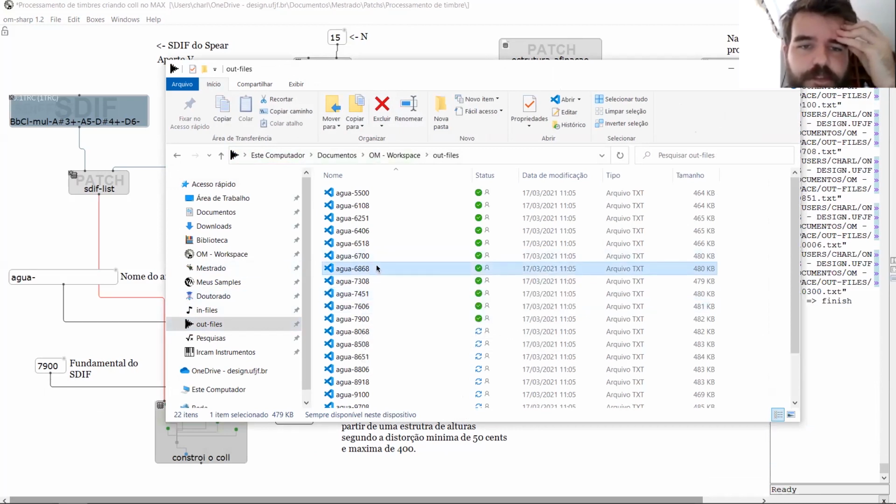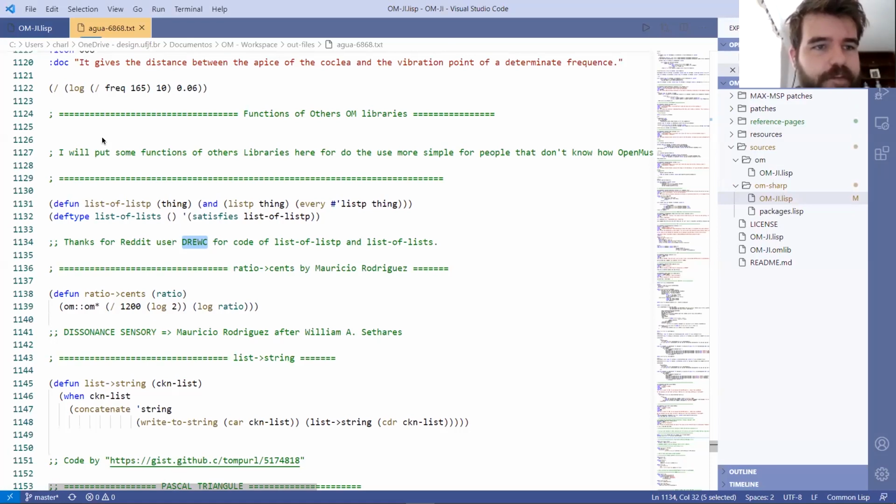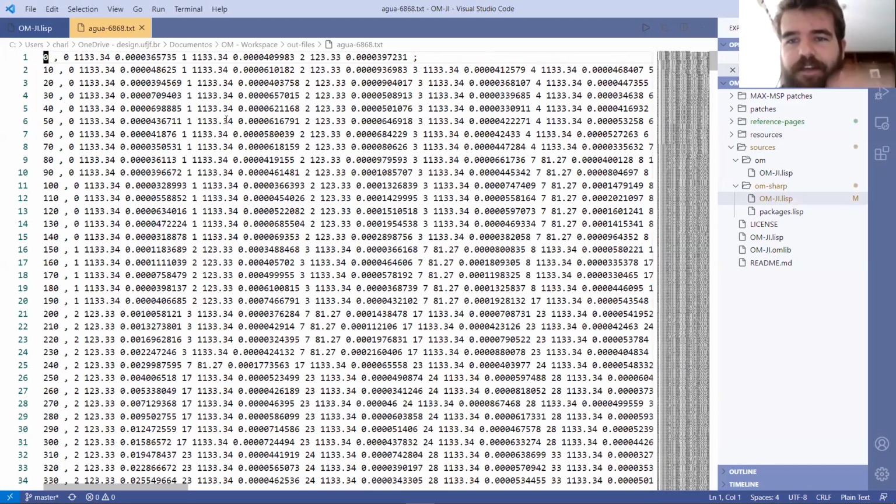Let me open this. Here I have a co-object, and the structure is the same as the co-object in Max. I have a millisecond number and then the spectrum, that are the index, the frequency, and the amplitude.